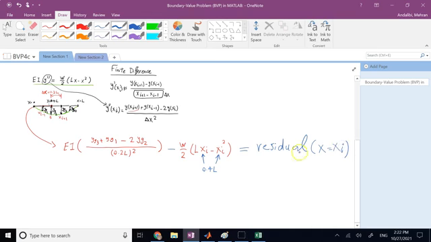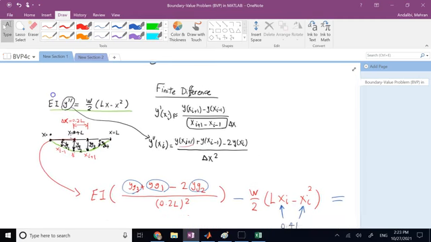And I can calculate a residual term for any other node. And then my goal is to update these yg's such that at the end of the day, these residual terms become as small as possible. So that's how these methods work.